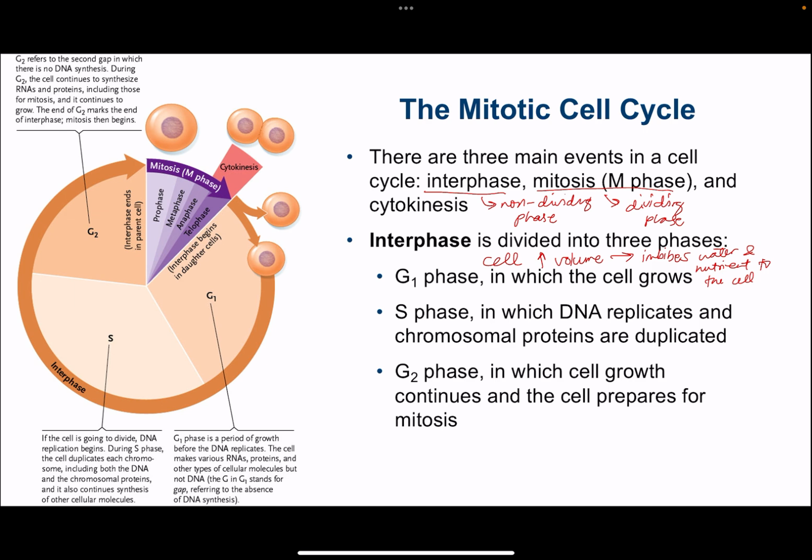Lastly, we have the G2 phase, or the gap 2 phase. In the G2 phase, active synthesis of RNA and proteins necessary for chromosome synthesis and mitosis happens. The double chromatin fiber is now folded to form a chromosome.